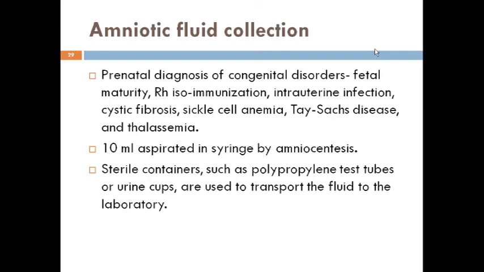The last one is amniotic fluid collection. Amniotic fluid is generally collected by amniocentesis. It is used for the diagnosis of congenital disorders, fetal maturity, Tay-Sachs disease, thalassemia and many more.